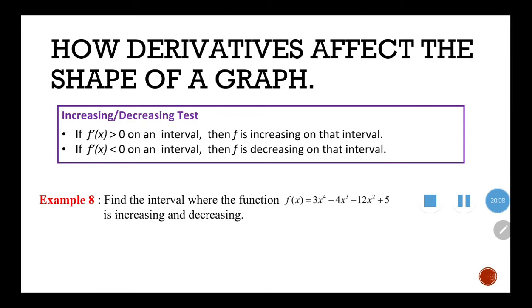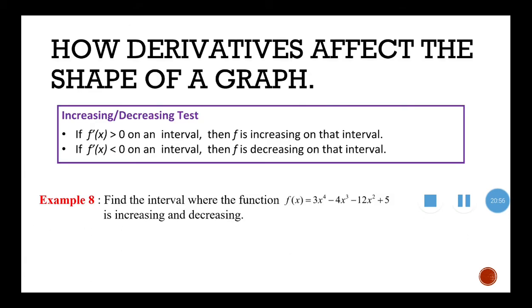Example 8 wants us to find the interval where the function is increasing or decreasing. What does it mean? It is increasing when f prime x is larger than 0, and it is decreasing when f prime x is less than 0. So now let's try to solve this first and see how it goes.